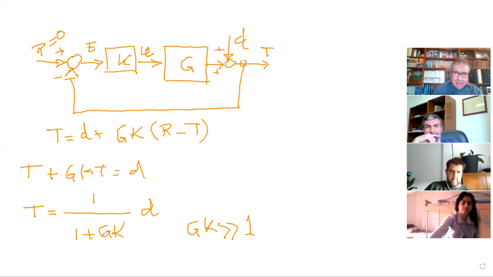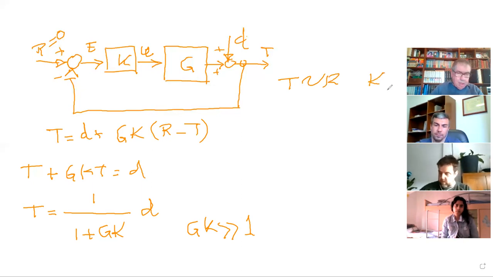Okay. So, what is the rule to make T track R? So T close to the reference. This is obtained. What is the condition on K? Big, small, medium, blue, made of crystal? Big.